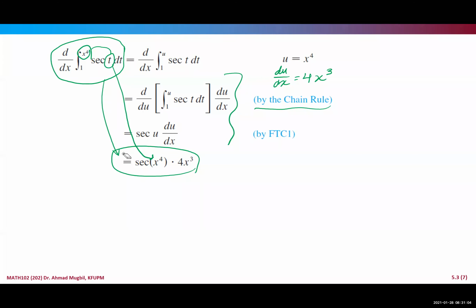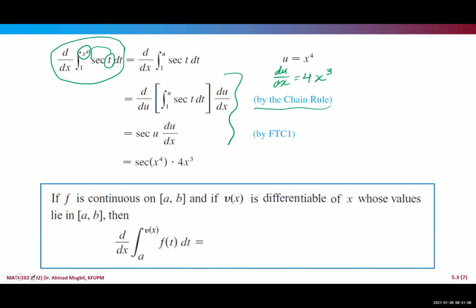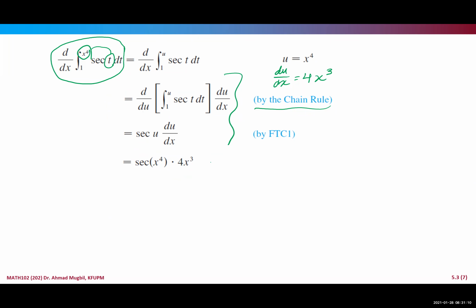Just simply like that. I prefer to write it as 4x to the power 3 secant x to the power 4. Why? Because I don't want you to get confused that this is inside secant. It should be clear that it is outside secant.